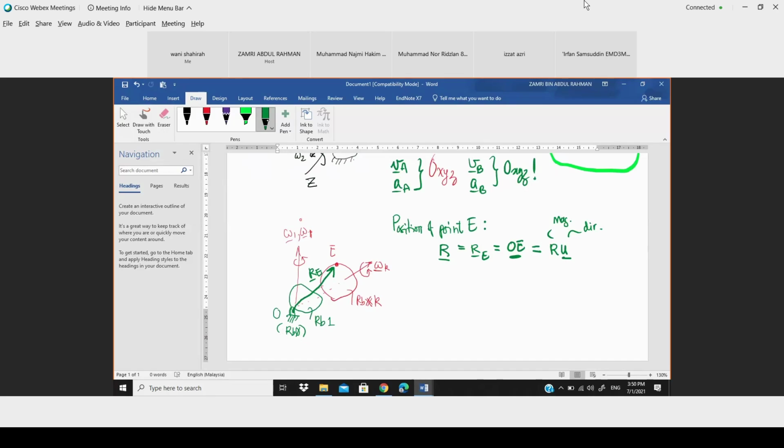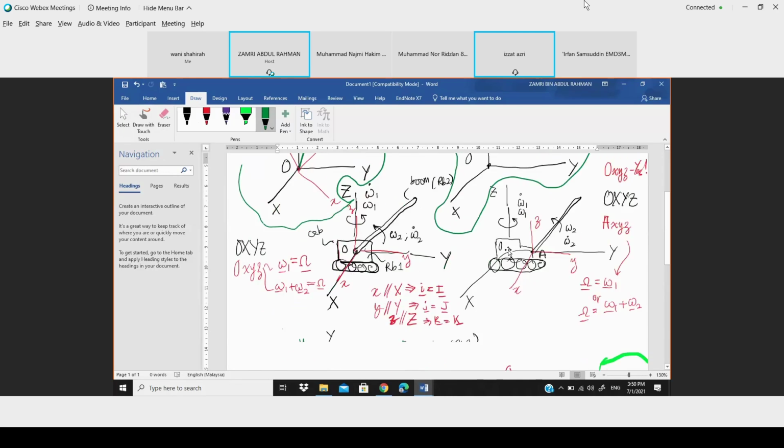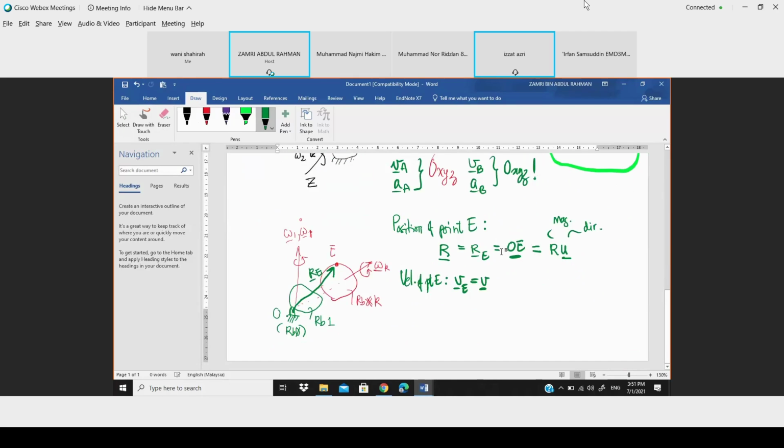So now the velocity of point E, which is VE, or just V, only one point, right? Oh, it's reversed. I will erase this.